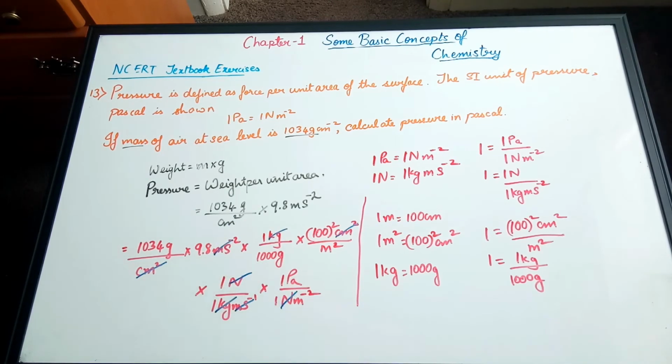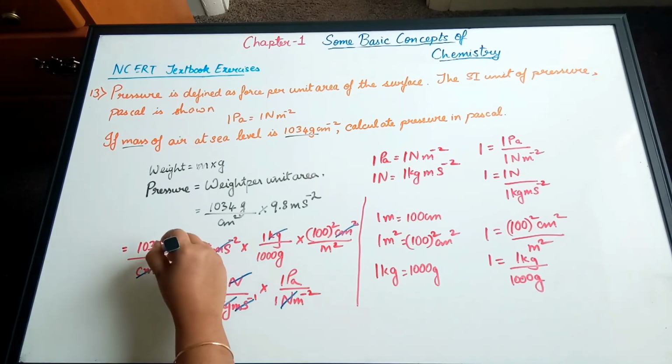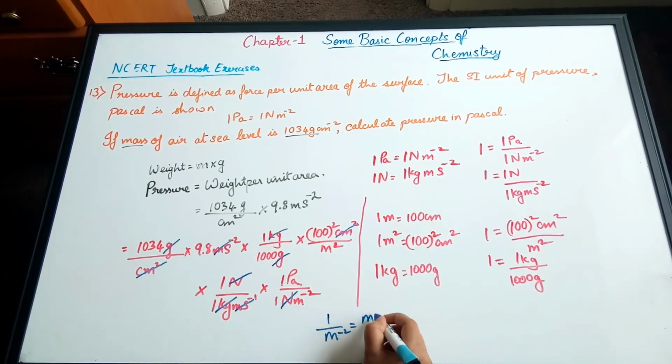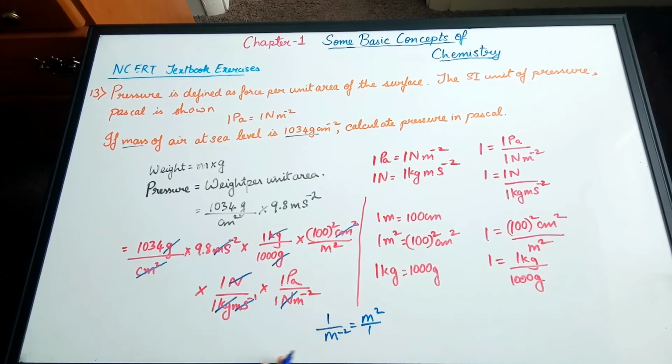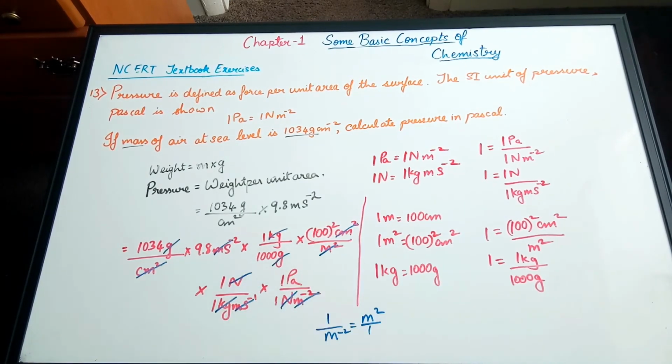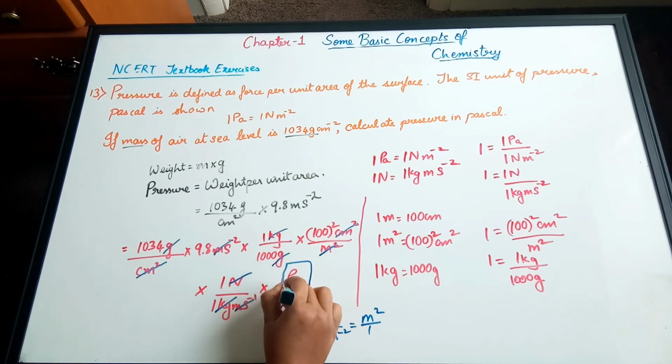Newton and Newton will get cancelled with each other. Grams and grams will get cancelled with each other. Now here meter 1 by meter minus 2 equals meter square by 1. So because of that, this meter minus 2 and this meter square will get cancelled. Now you need to focus, and now you are left with only one unit, that is Pascal.